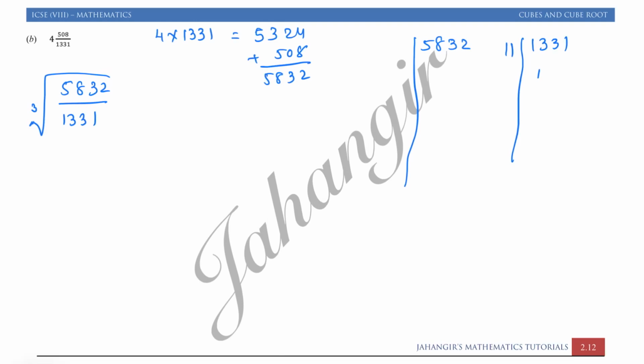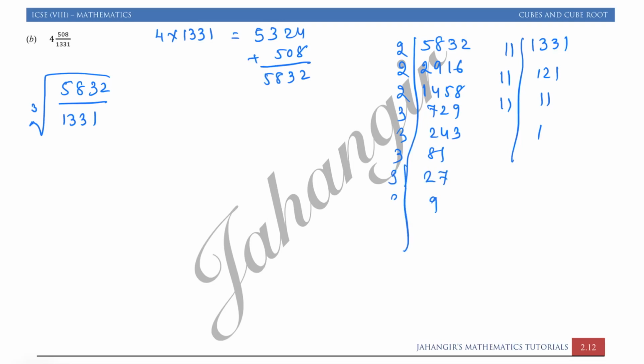We know 1331 is 11 into 121, 11 into 11. For 5832 we divide by 2, 2, 2, then by 3 repeatedly. So its cube root I can write as cube root of 2 cube into 3 cube into 3 cube upon 11 cube.